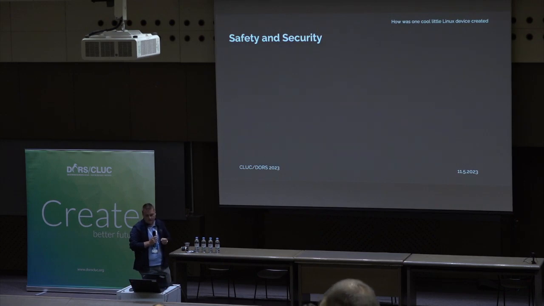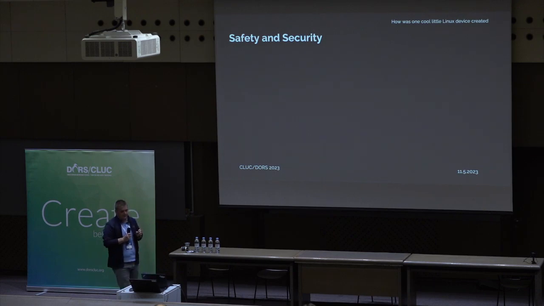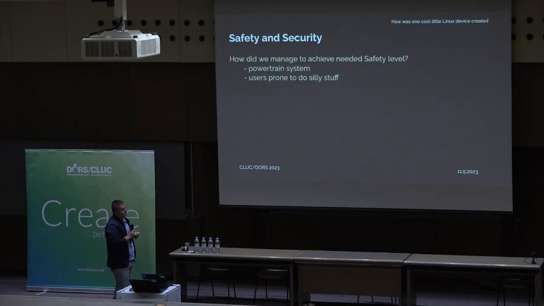As I said, I want to touch up a little bit on safety and security, not too much, I promise. The knobs, like how we managed to achieve the needed safety level. The knobs are controlling very powerful systems of the vehicle, and the users are there to do unexpected actions.